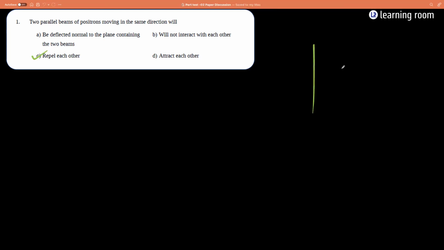I already told you, when the currents are in the same direction across two parallel wires, they repel. Oh, sorry, same direction, attract. They should attract. So I have to change the answer in the answer key. It's given as repel, which is wrong. They attract.